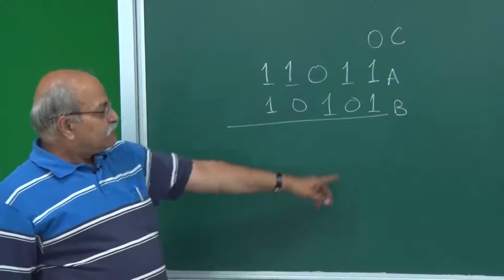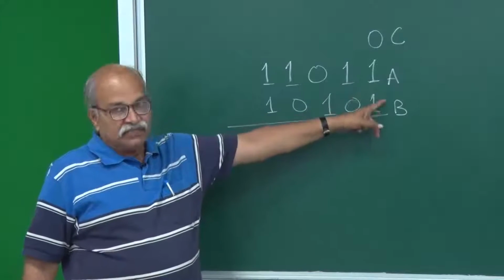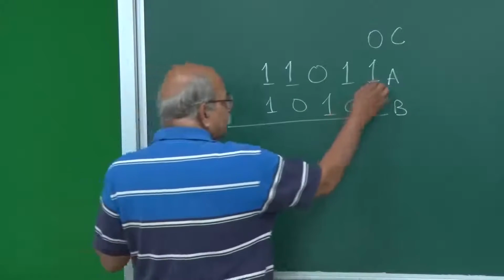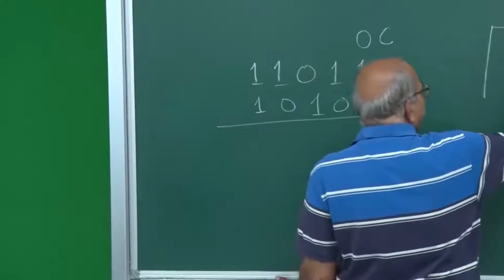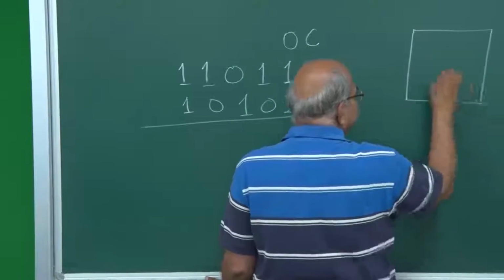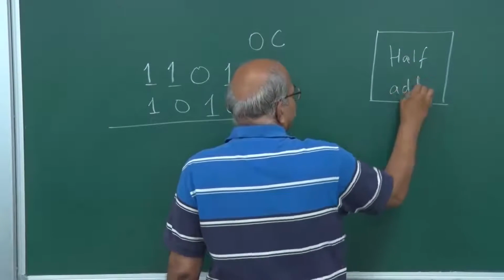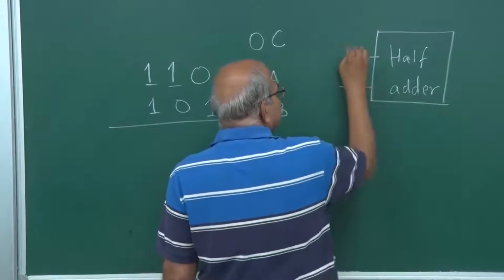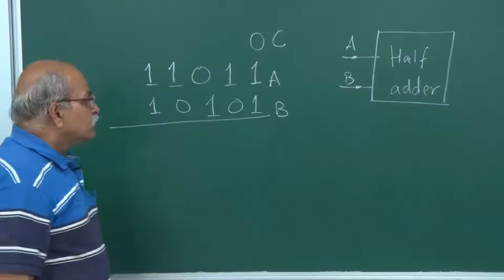So, what we do is we first half add these two, A and B, half adder operation. So, let me write half adder here. So, let us say this is a half adder circuit, and then I have 2 input points, and at these 2 input points I put A and B. What do I get?